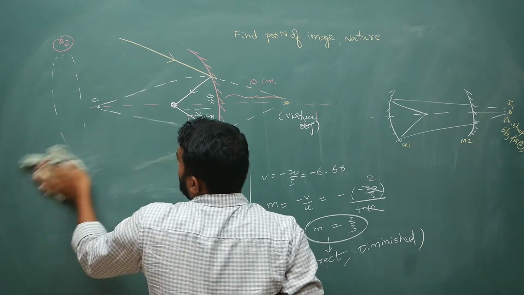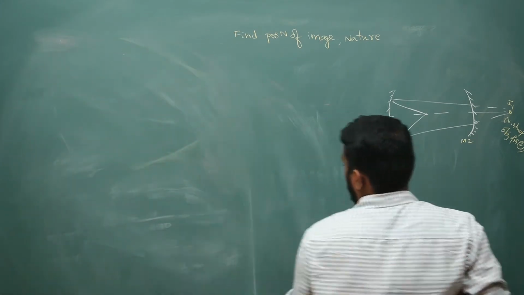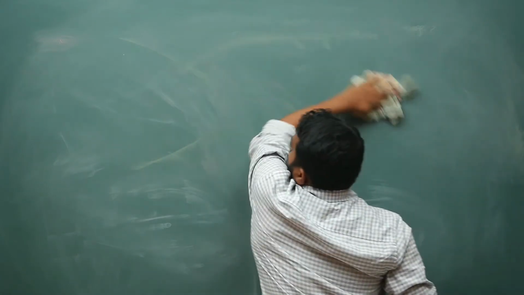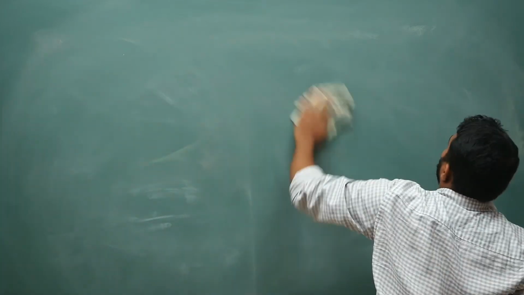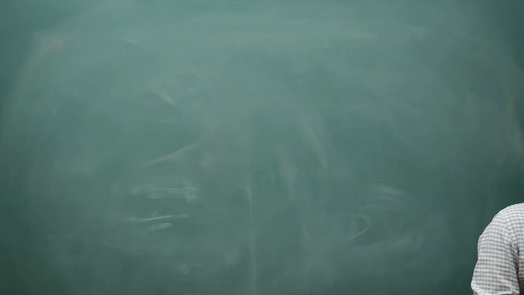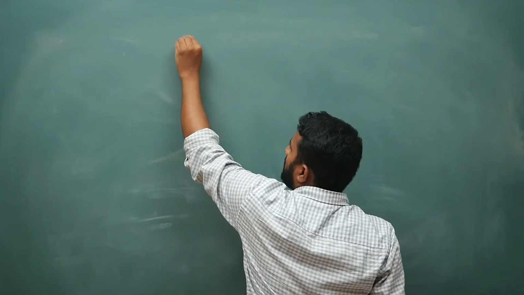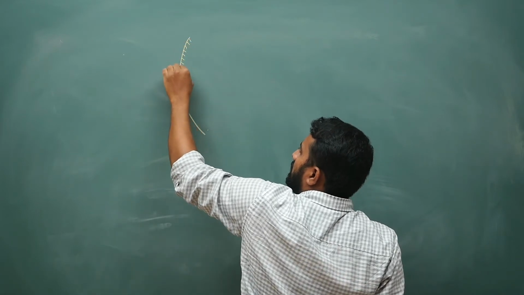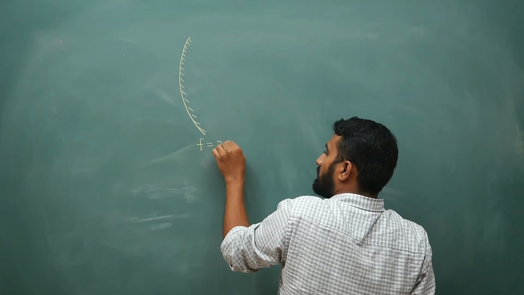So far in both the examples I have taken only concave mirror, let us take convex mirror. All right, so your next question is this. Pretty direct. We will take the values. Focal length f is 20 centimeter.